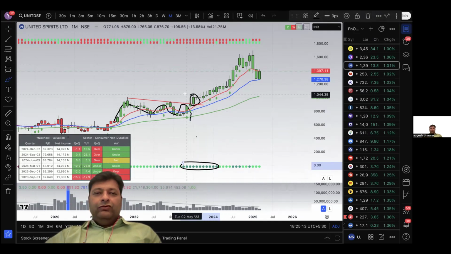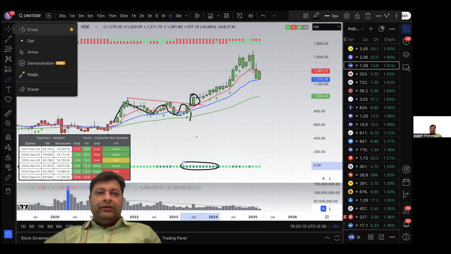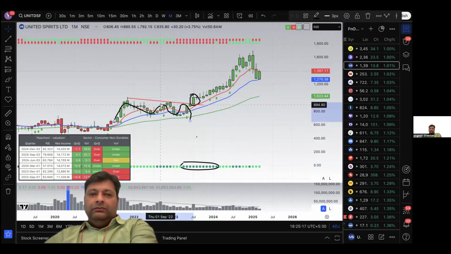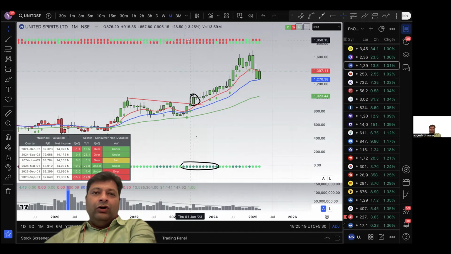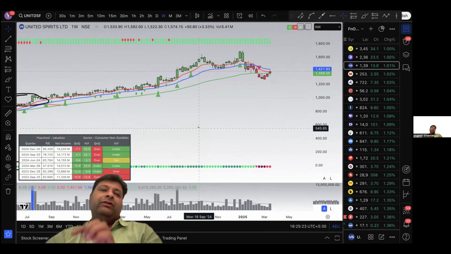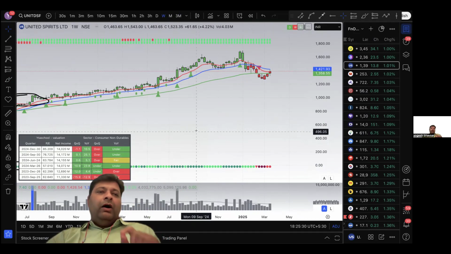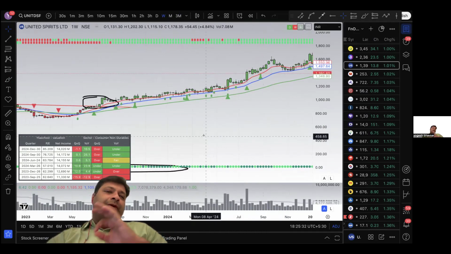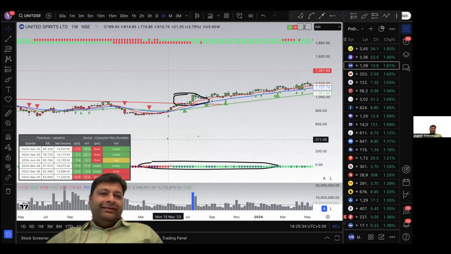Okay. So what we're going to do is not look at any green dots or red dots on the relative strength on the monthly time frame. On the weekly time frame, we want a good breakout of 9, 21 EMA above 55, and it should break the previous resistance.